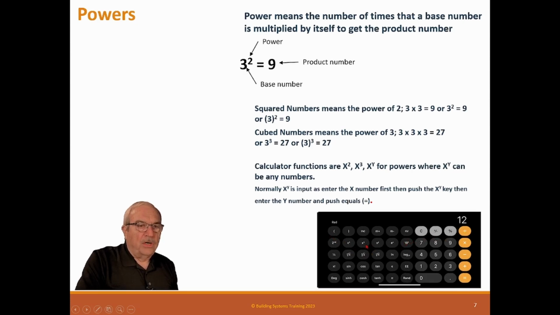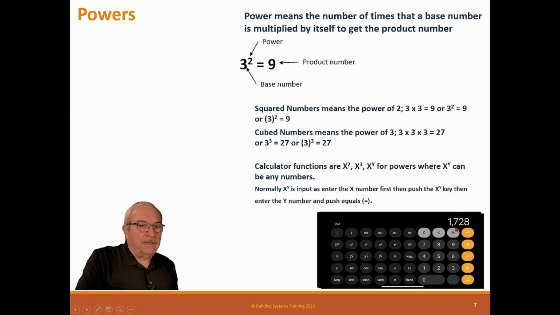If I take 12 and hit the cubed key, I get 1728, because that's 12 times 12 times 12. Then if I take 12 and the x to the y key, and put in 0.5 for y, and hit the equals key, I get 3.46 and a bunch of decimals. So that's how you do those functions. The calculator makes it extremely easy to do.